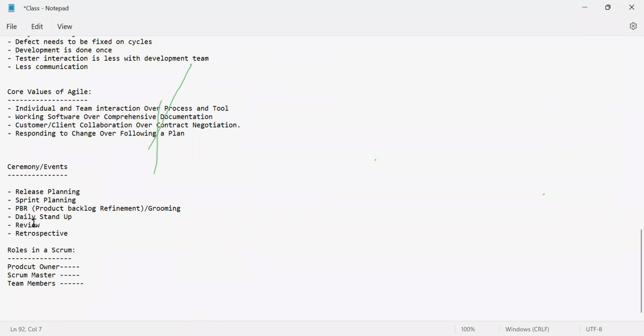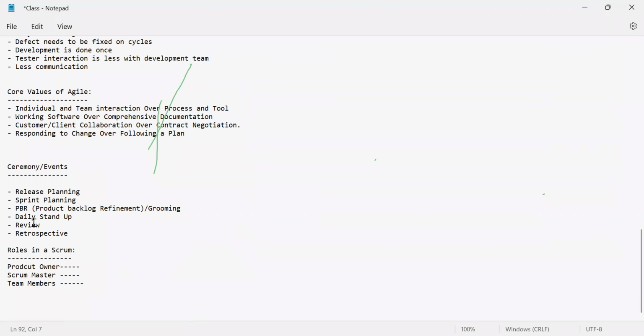As a team member, I want to take story A, some other resource will say, okay, I'll work on story B, some other guy will say, I'll work on story C. Likewise, team members will pick up their stories that need to be worked on, and they will have to complete them by sprint end.